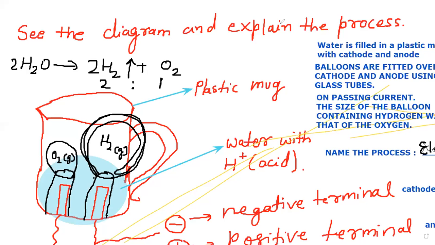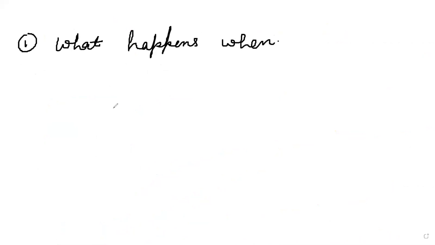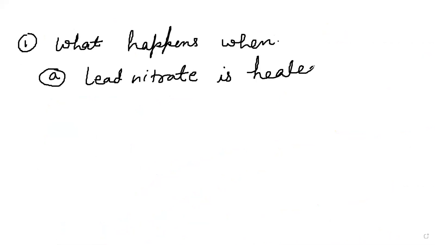So your homework will be to answer what happens when A, lead nitrate is heated in dry test tube.